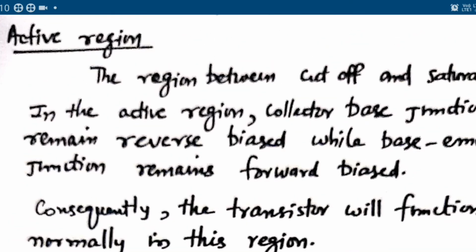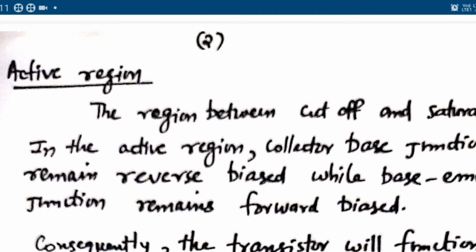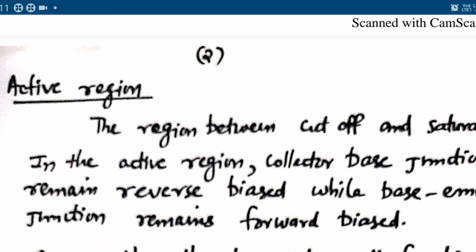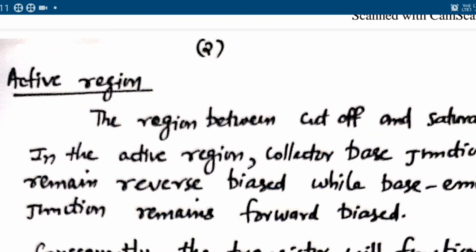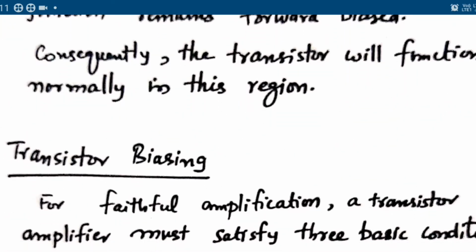So this is the active region. So what we saw is the cutoff point, the saturation point, and then the active region. And we always take enough precaution that the transistor is always in the active region between the cutoff and the saturation point.